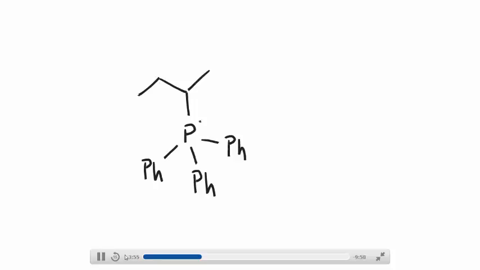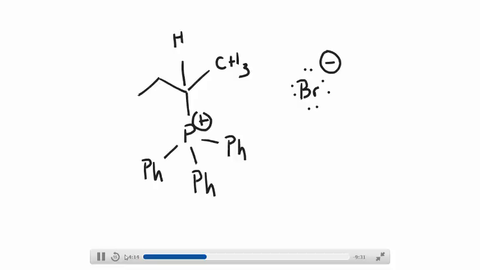Now the phosphorus has a positive charge at this moment in time, and just so that we know what else is present on this carbon, there is also a hydrogen here. I just want to make that clear so that we can see what groups are present. And there is also a bromide as our leaving group. That's what you get after the first step of this reaction.